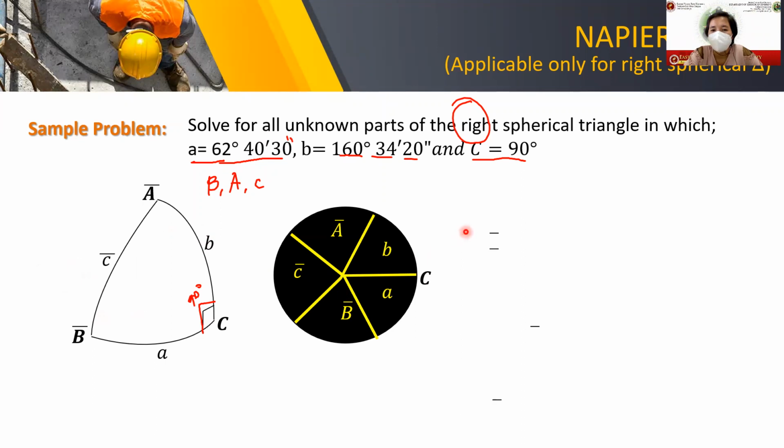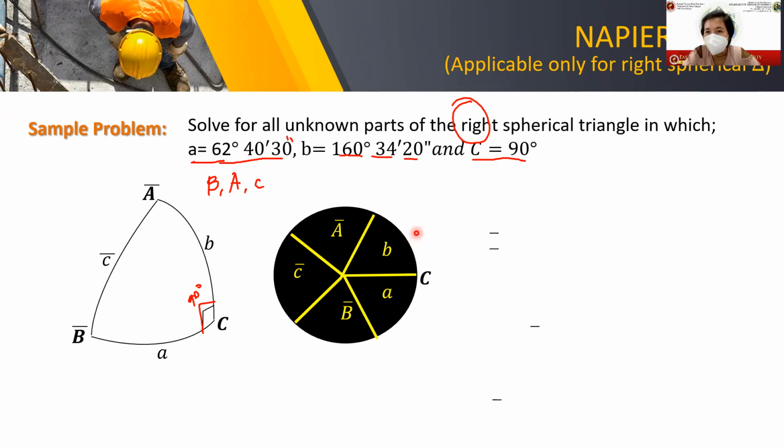Okay, so let's try to solve. Since given na yung ating A, given na yung ating B, given ng A, merong C. So let's try to solve A bar, B bar, and C bar.